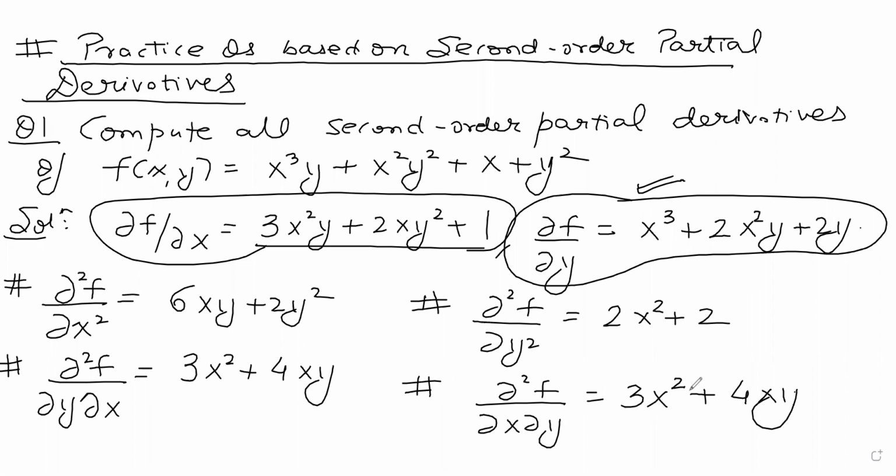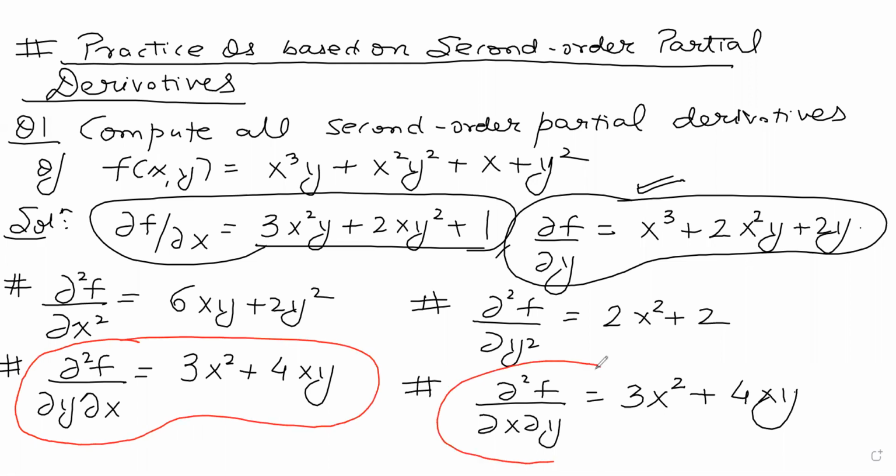Now, do you observe something? You would see that del square f by del y del x is exactly equal to del square f by del x del y. What does this mean? It means if you first partially differentiate the function with respect to x and then differentiate with respect to y, or if you first differentiate the function partially with respect to y and then with respect to x, you will get the same answer.